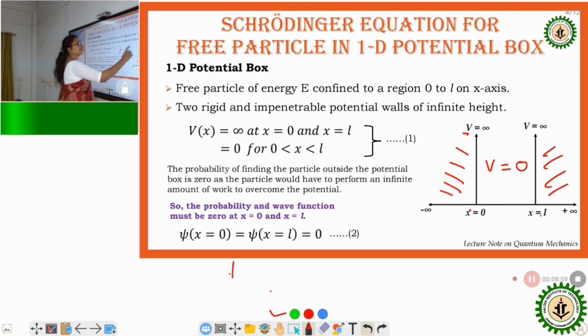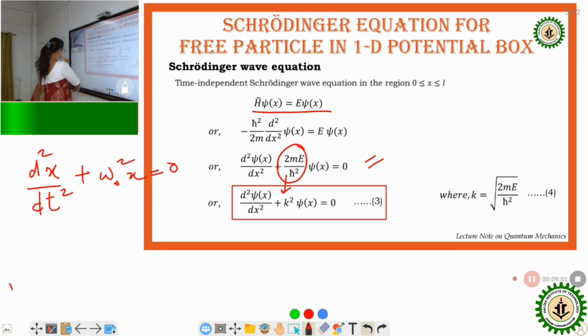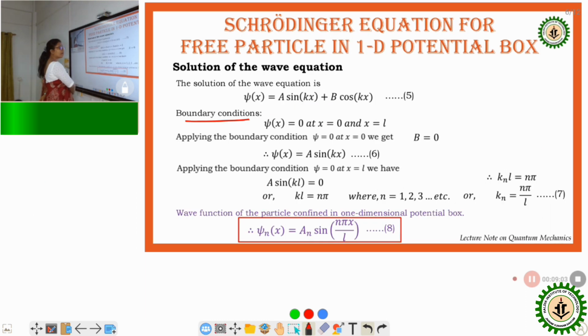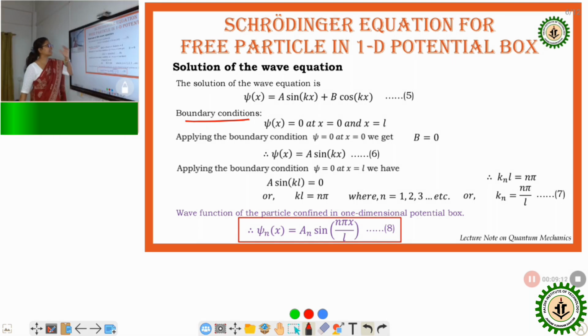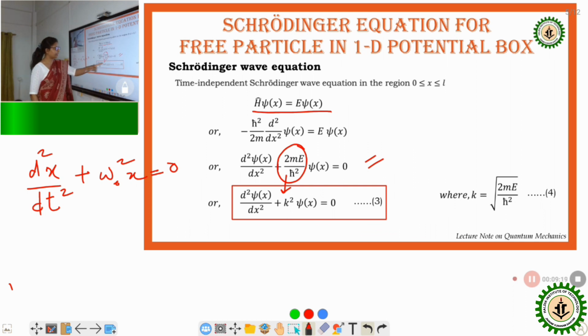That means there is no particle, no wave function. Psi of x is equal to 0 at x equals 0 and x equals L. And we are applying the boundary conditions here in expression 5.